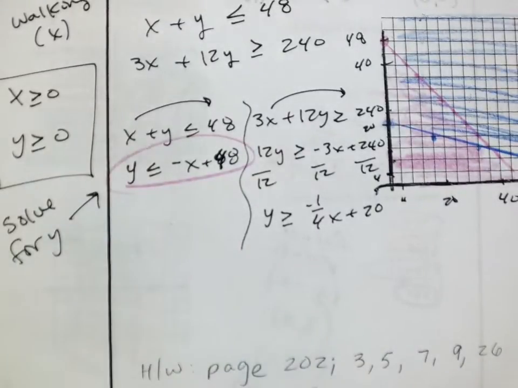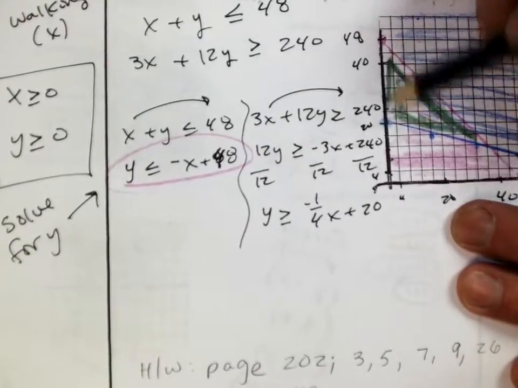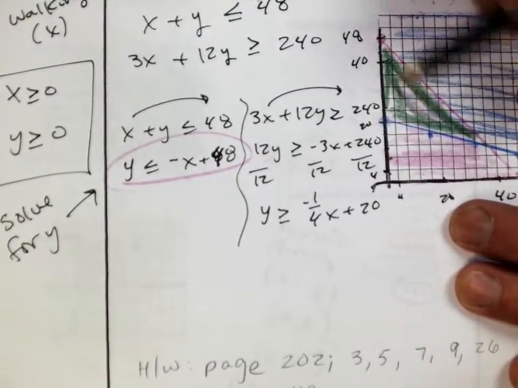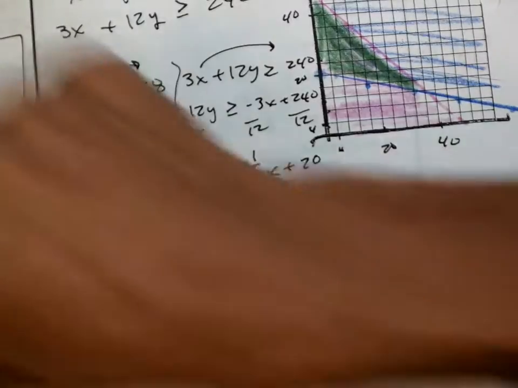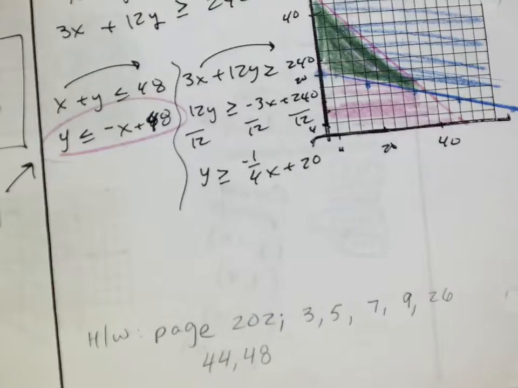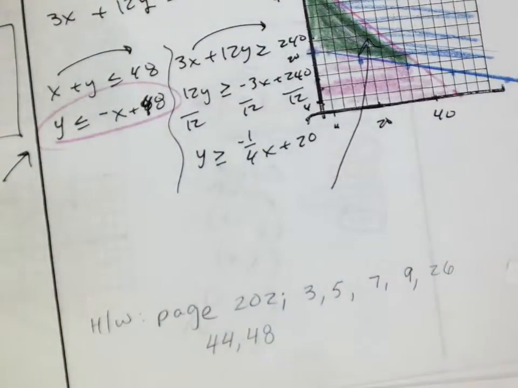Now let me take the two areas that overlap, just right in here. I'll make that darker than all the rest. That's the green. Okay, so what does the green region represent? It represents being able to get it done under 48 hours and still go 240 miles. Okay?